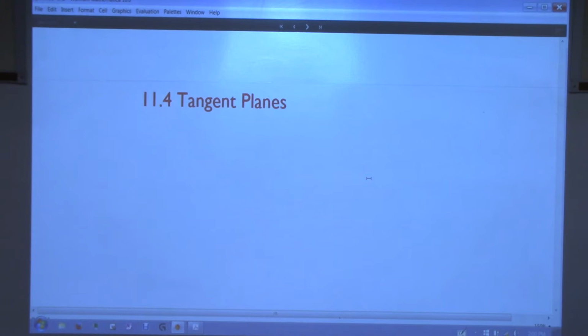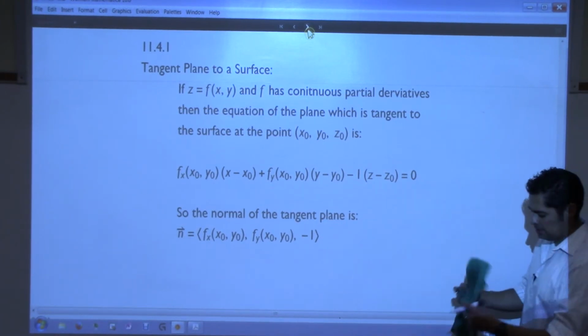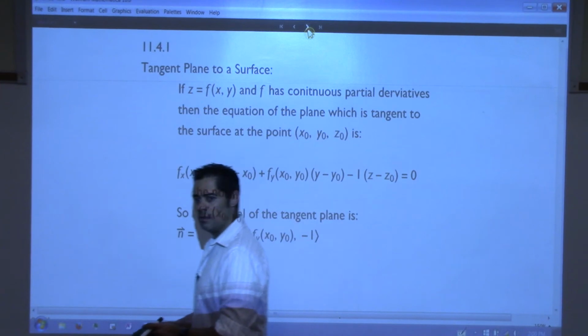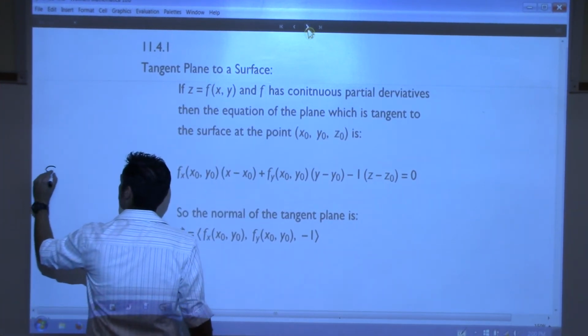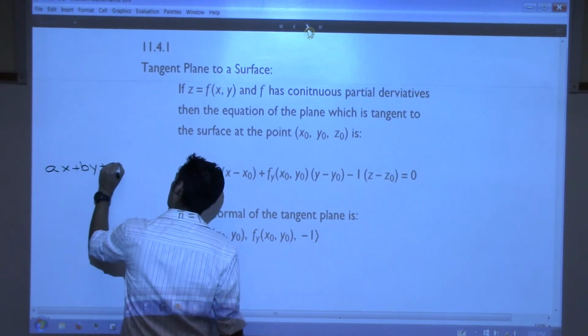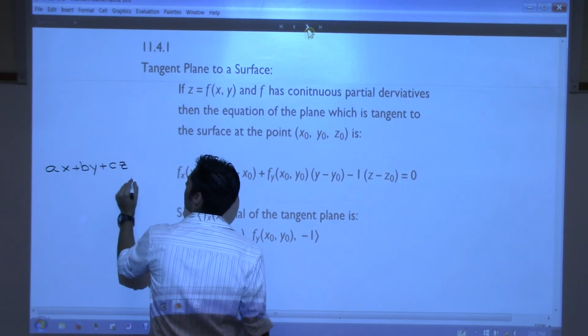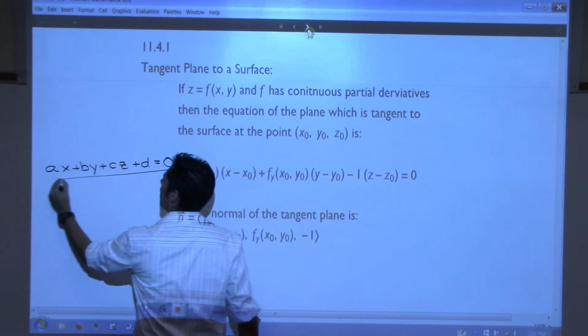Tangent planes. So we talked about this last class a little bit. Tangent planes. What do you need to define a plane? Point and normal vector, right? Point and normal vector. In fact, we've seen that the equation of a plane, do you remember this equation of a plane that I gave you all the way back in the day?